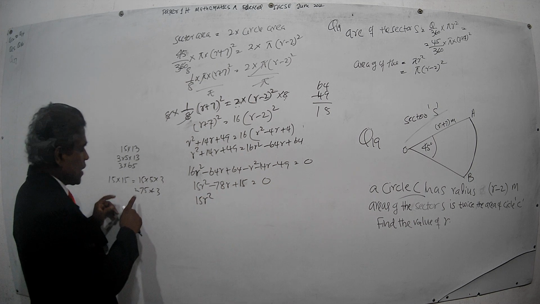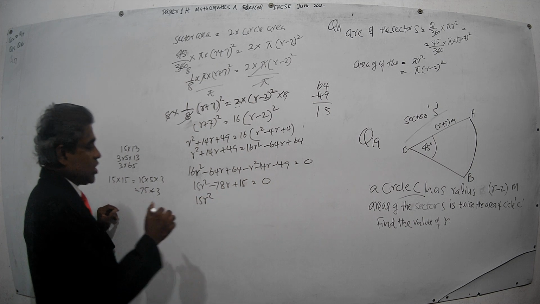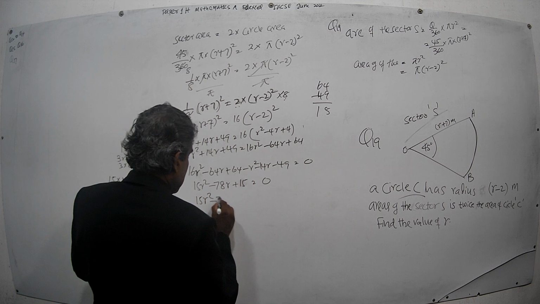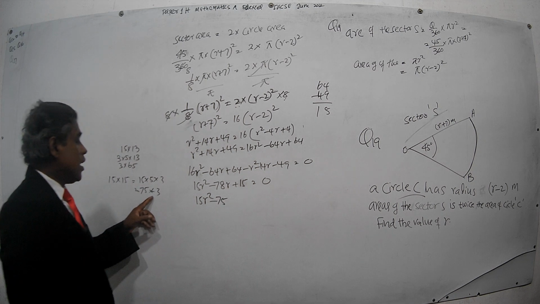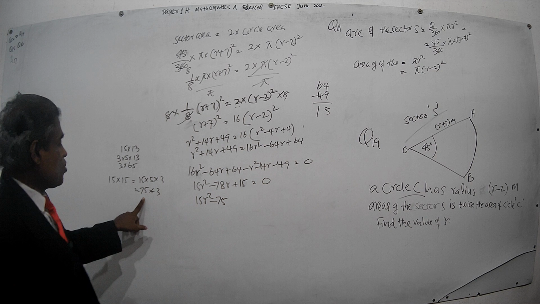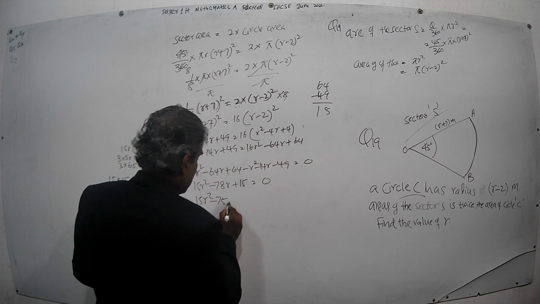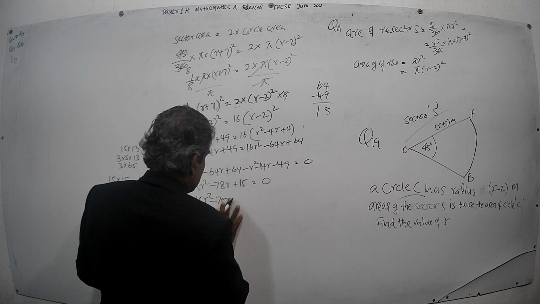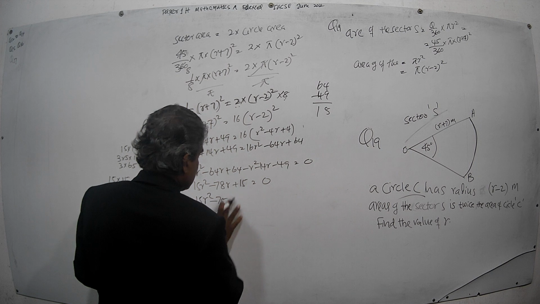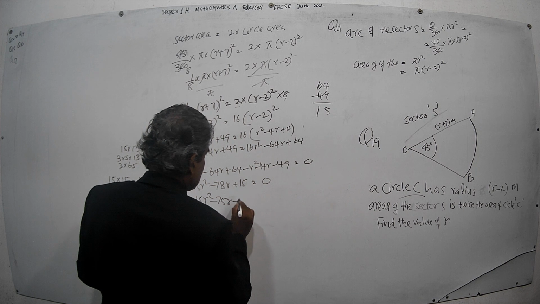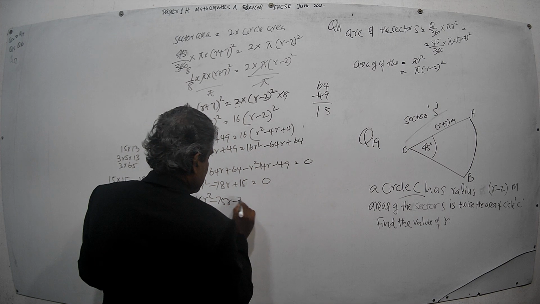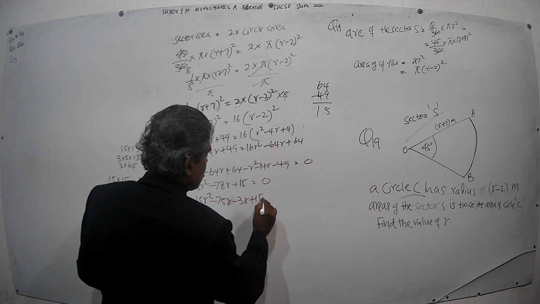Then we got the factors minus 75 and minus 3. Then you write the middle term in terms of these two factors: 15r squared minus 75r minus 3r plus 15 equals 0.